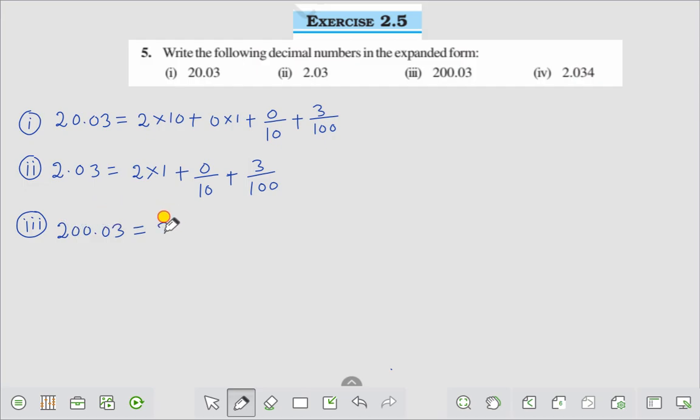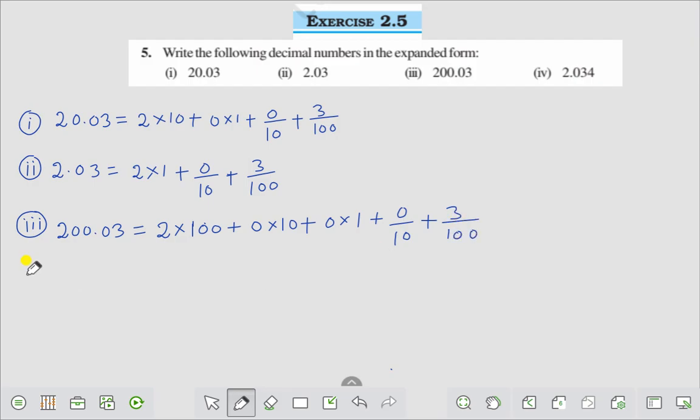Therefore, 2 is in hundred place, that is 2 into 100, plus this 0 is in tens place, that is 0 into 10, plus this 0 is in ones place, that is 0 into 1, plus this 0 is in tenth place, that is 0 by 10, plus this 3 is in hundredth place, therefore 3 by 100.